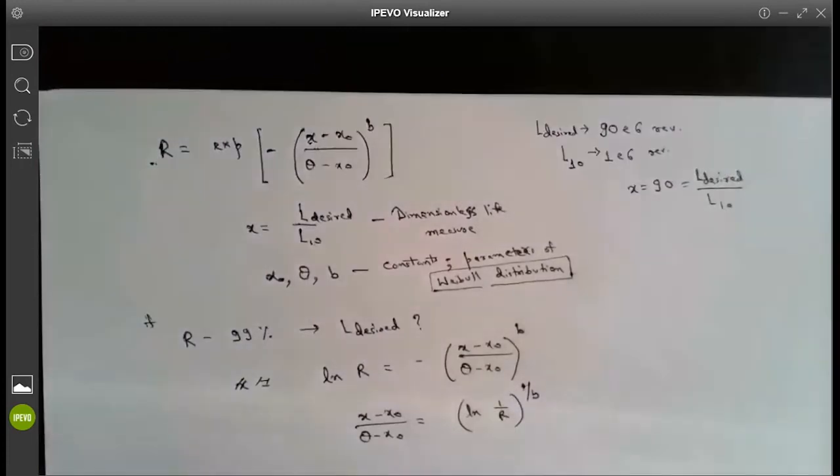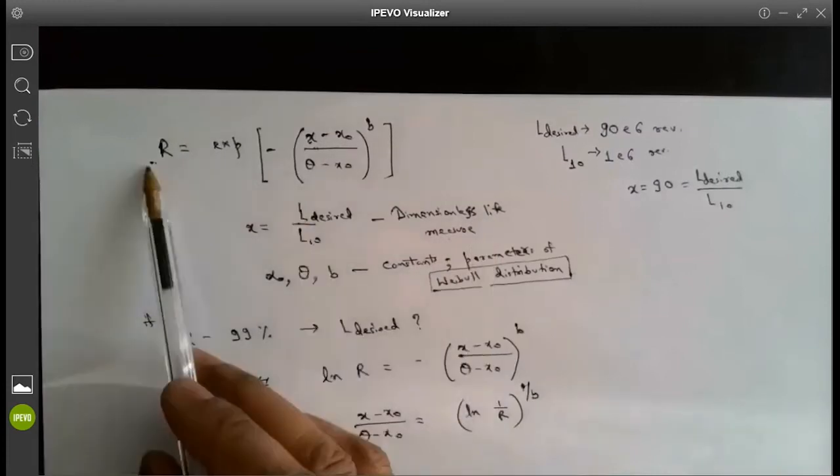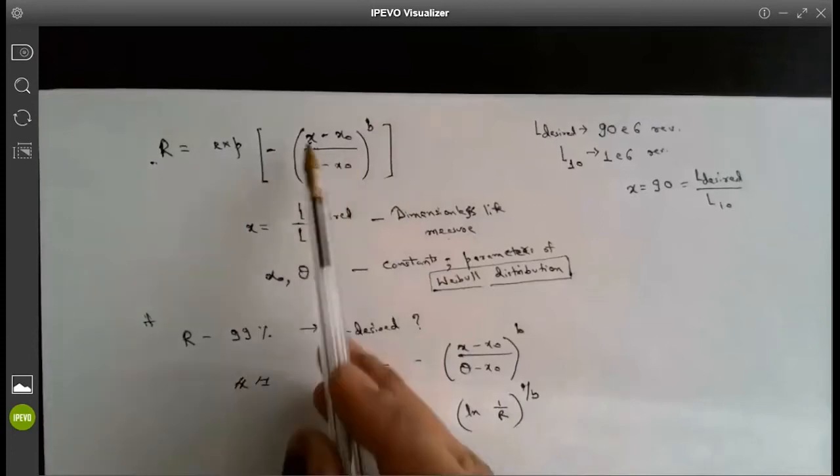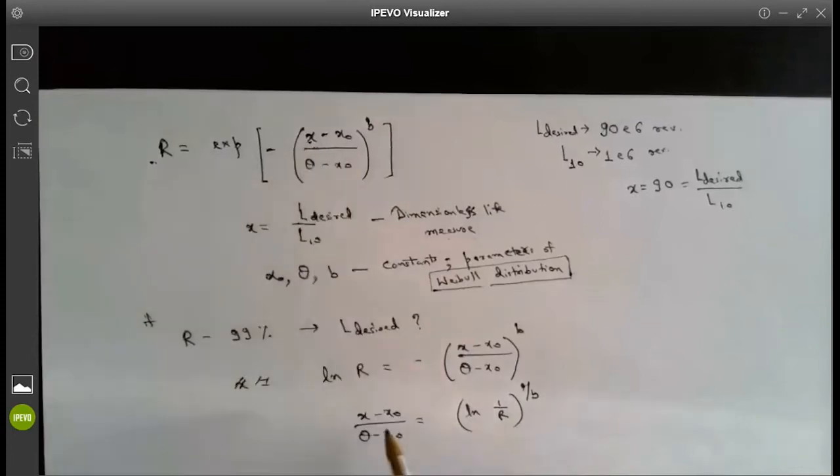Getting that point? Okay, so that is a dimensionless life measure. What I'm doing right now is using this expression to find out what your x would be, because if I can find x, then I know for a desired reliability what my desired life should be.